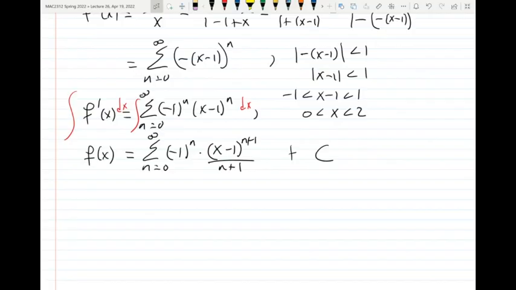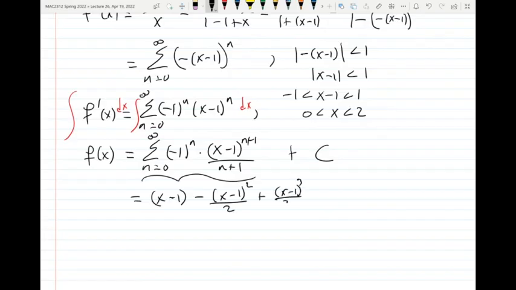Now remember, always have in mind what are the first few terms of the series. So what is this series equal to? What's the first term here? x minus 1 over 1. So it's x minus 1 positive, then minus x minus 1 squared over 2 plus x minus 1 cubed over 3 minus, and so on. That's what the series is. And then plus c.